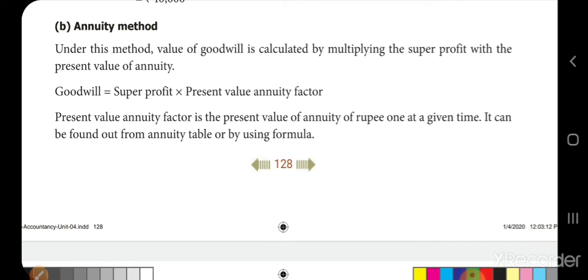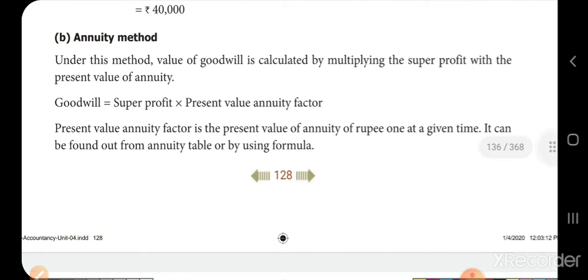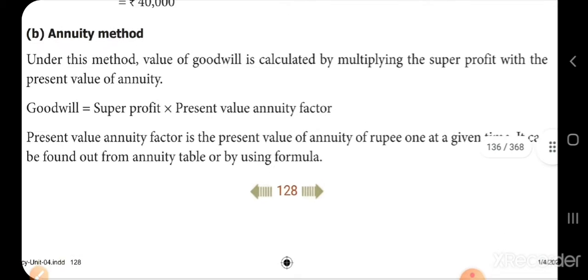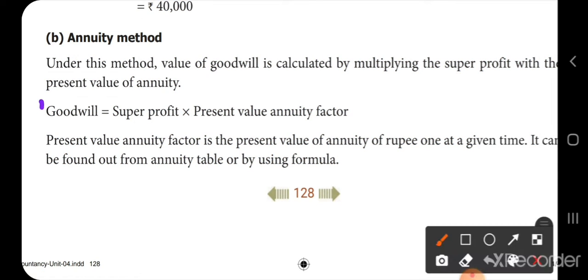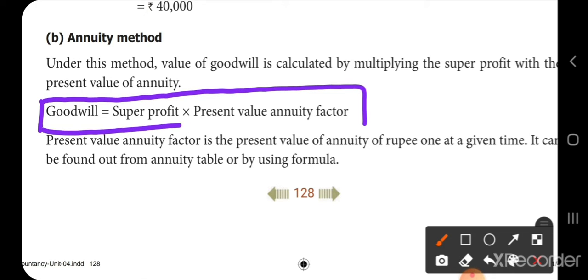That annuity factor is taken from the annuity table, like how you have the logarithm table, same way from the annuity table this value will be taken. The formula to calculate the goodwill under the annuity method is goodwill is equal to super profit into present value annuity factor.